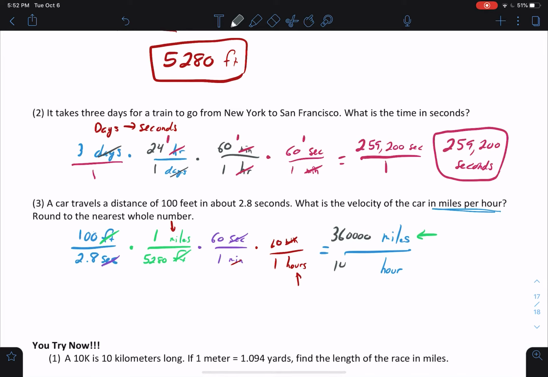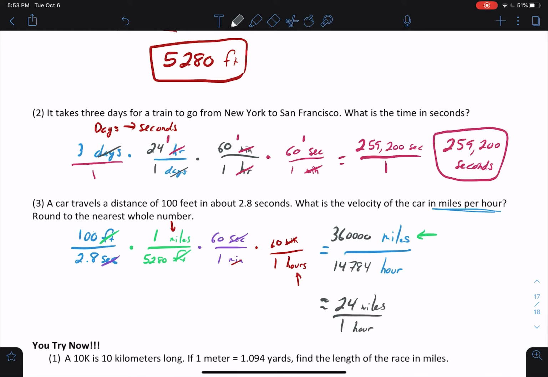That's going to be 14,784. The last thing I got to do is 360,000 divided by 14,784. And then this wanted us to round to the nearest whole number. So that's going to be about 24 miles in 1 hour.